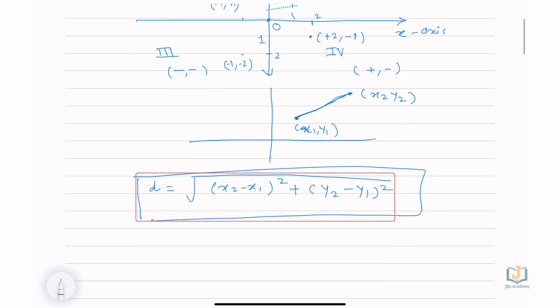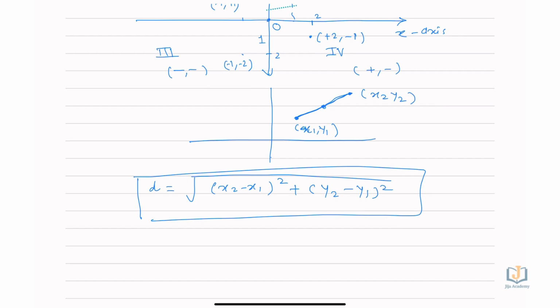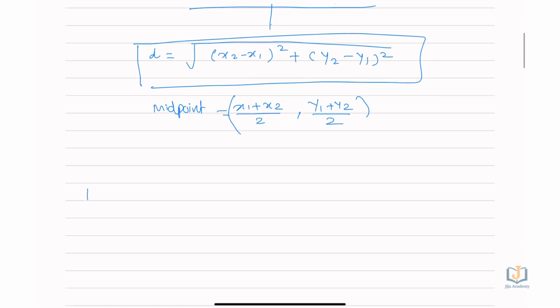And we can find the midpoint also, that is, the midpoint is equal to (x1 plus x2) upon 2 and (y1 plus y2) upon 2. This is the midpoint.